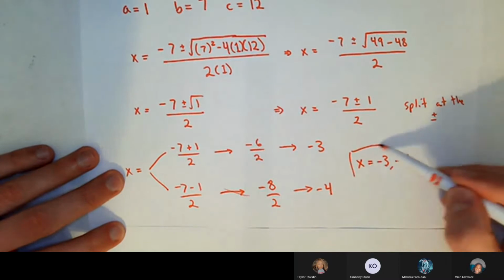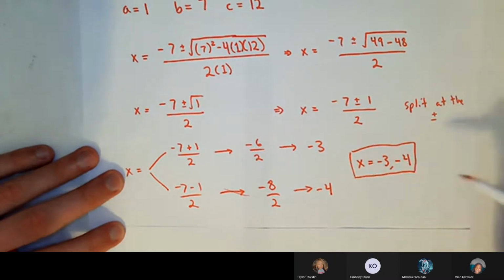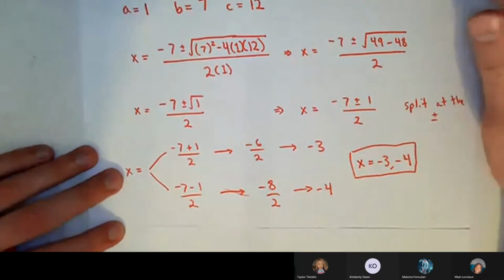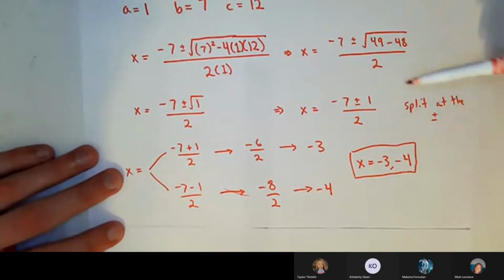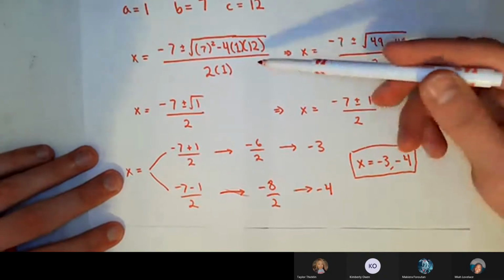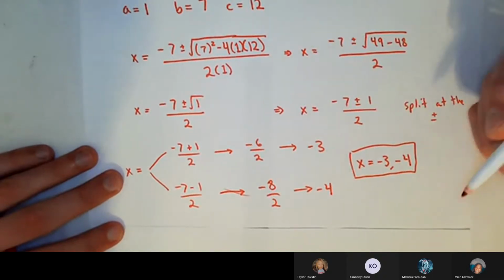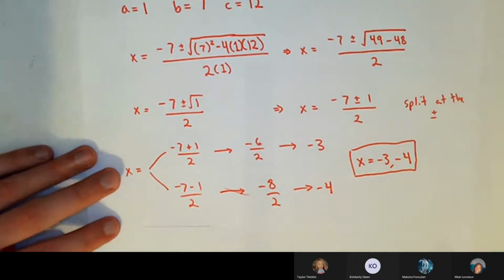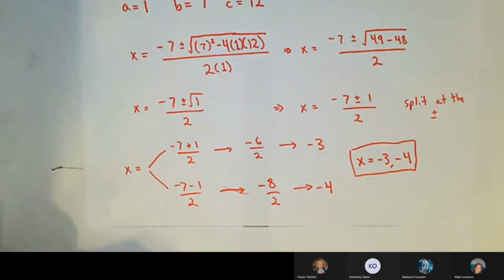This would be, of course, the solutions you would get if you factored it as well. And factoring, I grant you, would be much faster and easier. But the point I'm trying to make today is that any quadratic equation can be solved via the quadratic formula. So it's okay to lean on it very heavily.